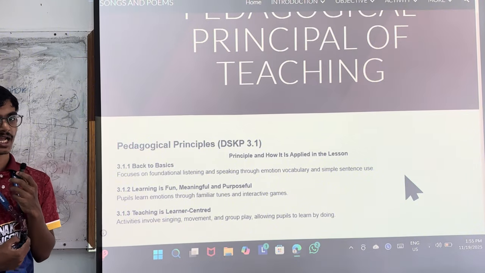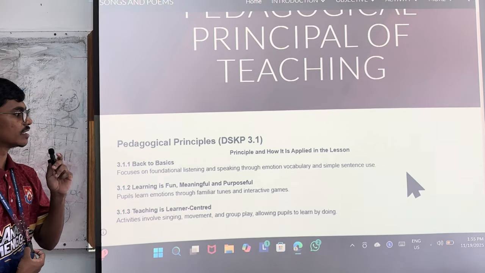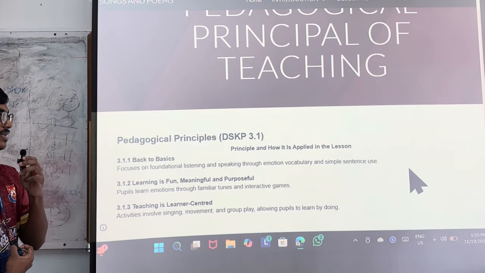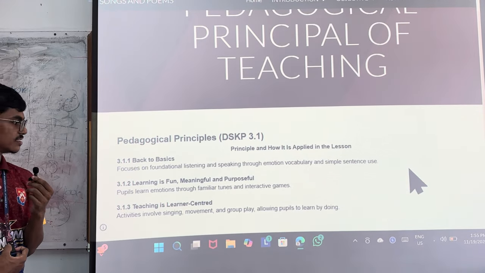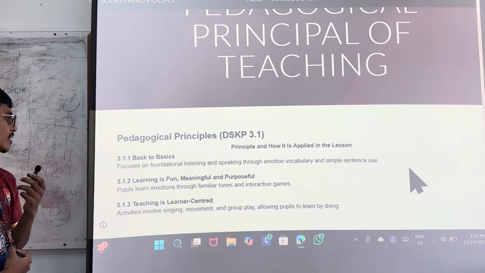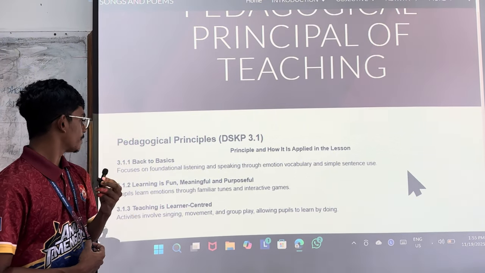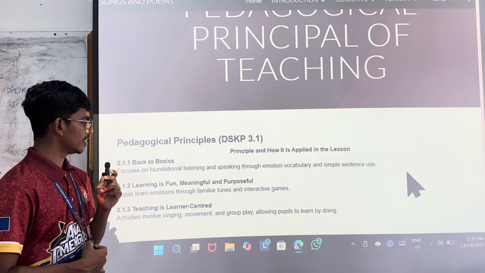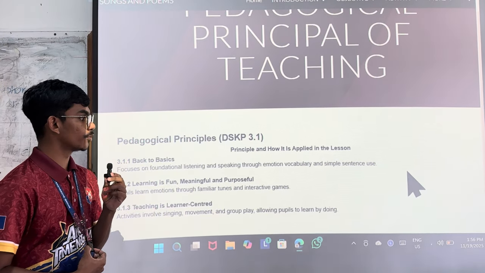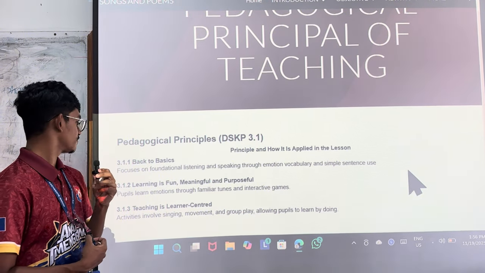Now we're going to look at pedagogical principles that align with the DSKP 3.1. So the first is 3.1.1, back to basics. This lesson focuses on foundational listening and speaking through emotion vocabulary and simple sentence use.